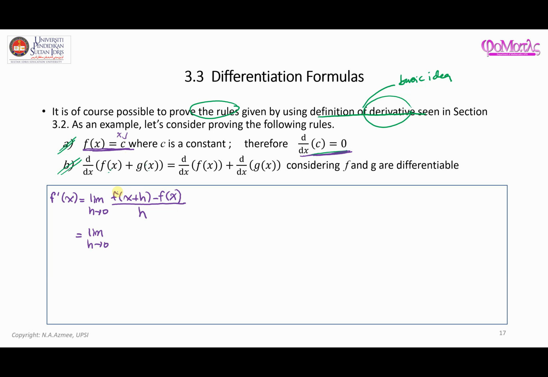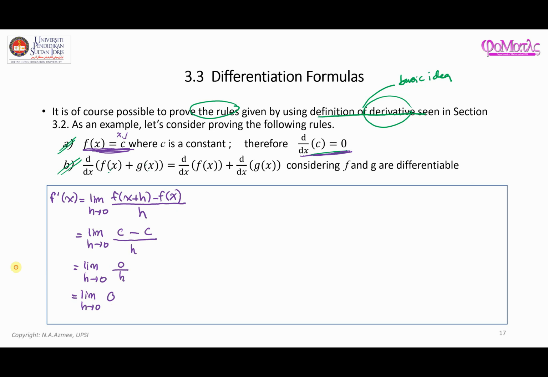So the result here is going to be equal to c, because there is no position of x in the function where you can substitute x plus h. And what is the value of f(x)? f(x) is equal to c. So again, we substitute c into this position, over h. Next, we have 0 over h, and 0 over h can be simplified to 0.